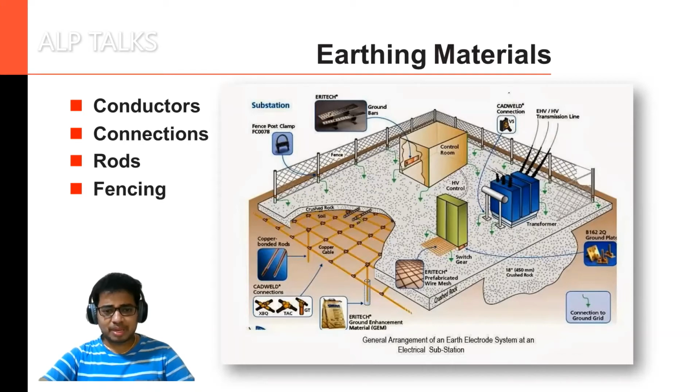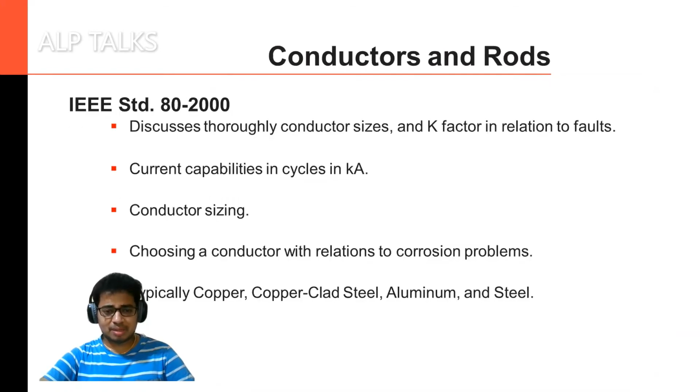At the edge we have fencing. We have a transformer here, some switchgear here, and a control room here. So this is the basic setup we will observe in the substation. All the things we should earth properly. Here you can see conductors and rods.